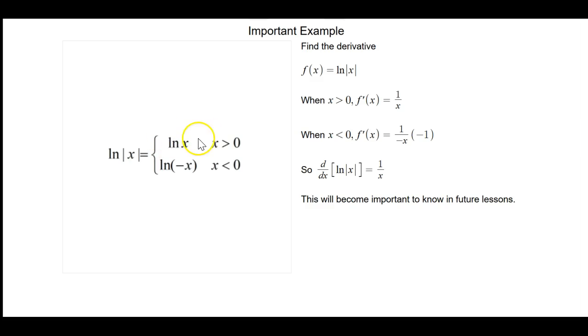So we want to differentiate each piece. The derivative of ln of x when x is greater than 0 is simply 1 over x. And the derivative of ln of minus x when x is less than 0 is 1 over minus x, which is the derivative of the outside, times minus 1, which is the derivative of the inside function.